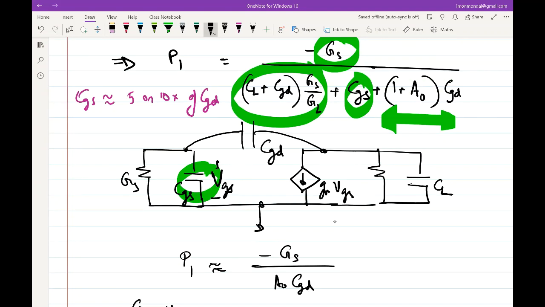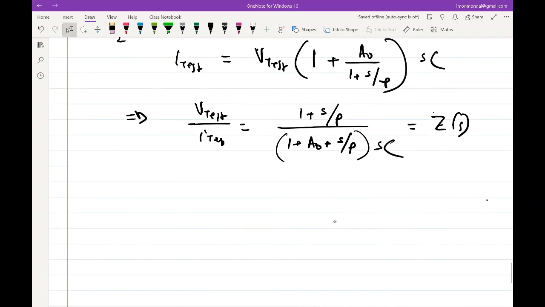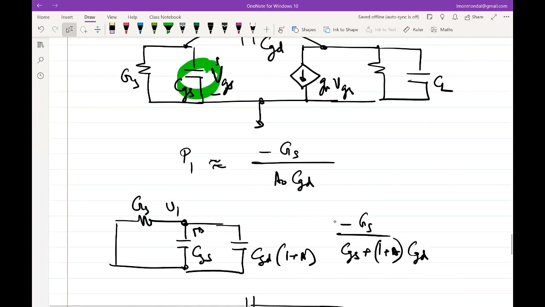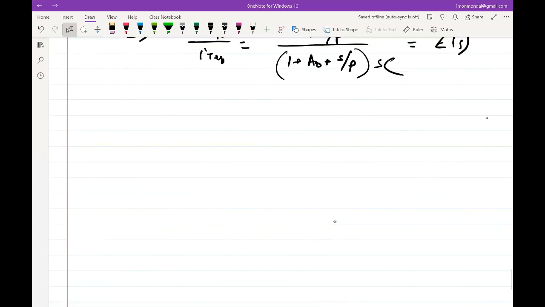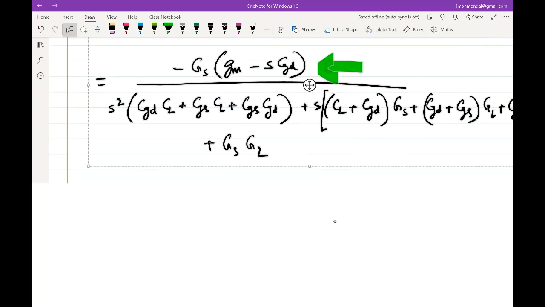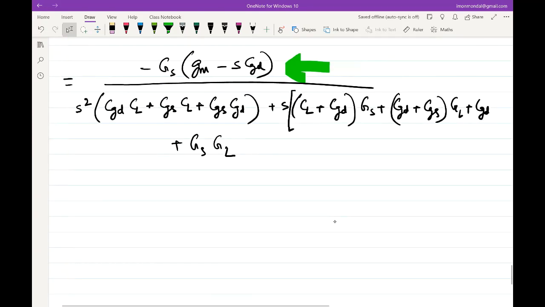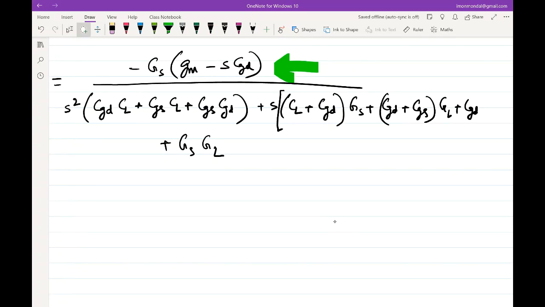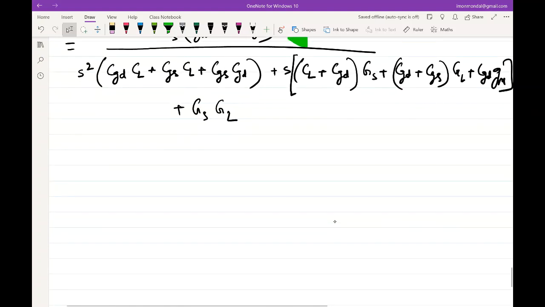Okay. So P1 is done. Z is done. So P2. Let's see P2. So P2 is what? Minus B over A, right?